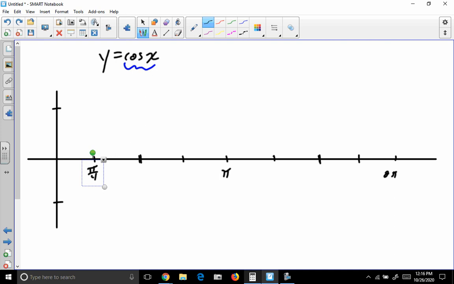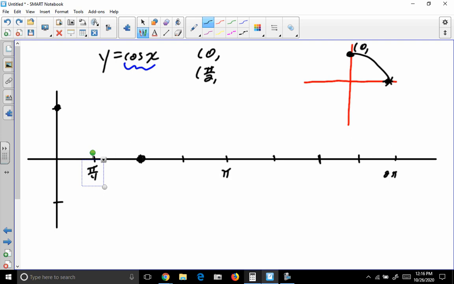All right. So if we follow our unit circle, cosine is the x-coordinate on the unit circle. So when we're in a direction of 0, when our angle is 0, the x-coordinate there, cosine, is 1. As we rotate around, when we get to pi over 2, cosine of pi over 2 is 0 because the x value there is 0.